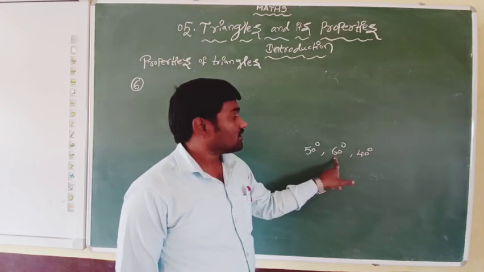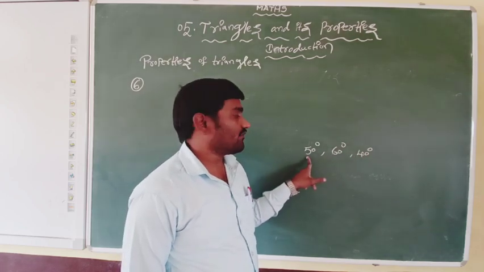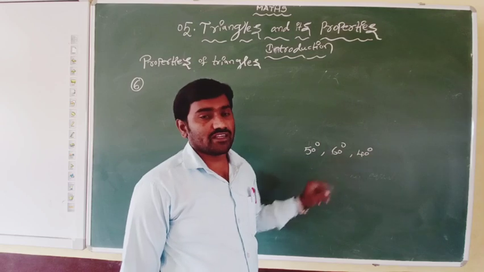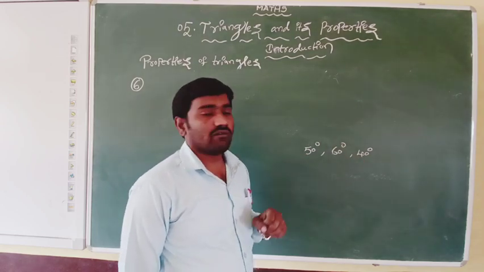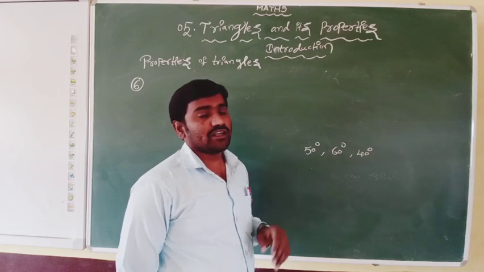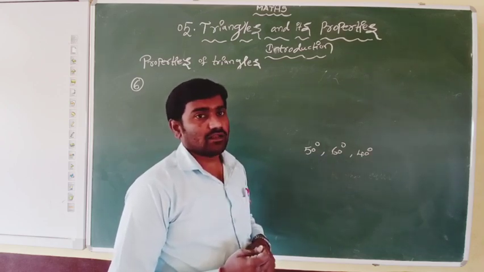See that, 60 plus 40 is 100, 100 plus 50 is 150. With 150 degrees, we cannot form any kind of triangle. Yes?